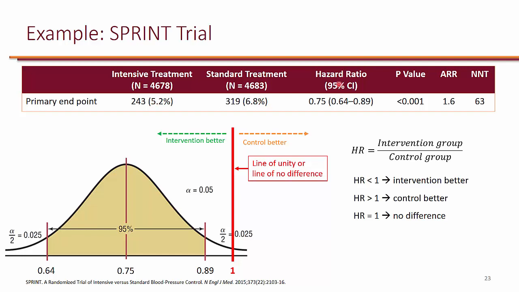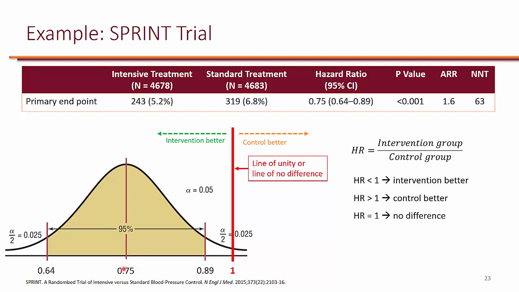So when you look at it, the hazard ratio is 0.75. So obviously it's less than 1, so it's in favor of your intervention group. And then they give you a 95% confidence interval. So it goes from 0.64 all the way to 0.89. In other words, the hazard ratio in the SPRINT trial was 0.75, which means that there was a 25% reduction in hazard.